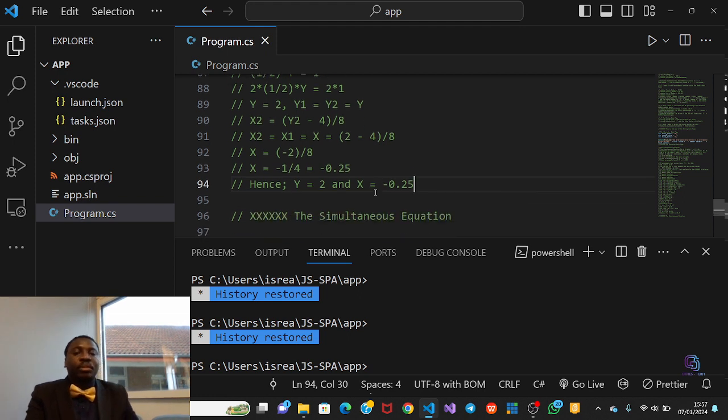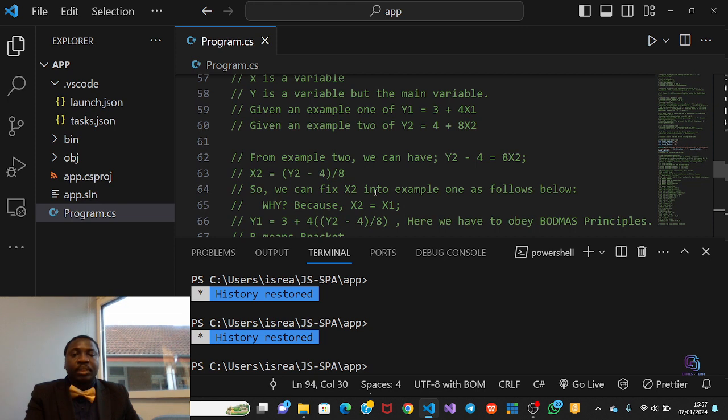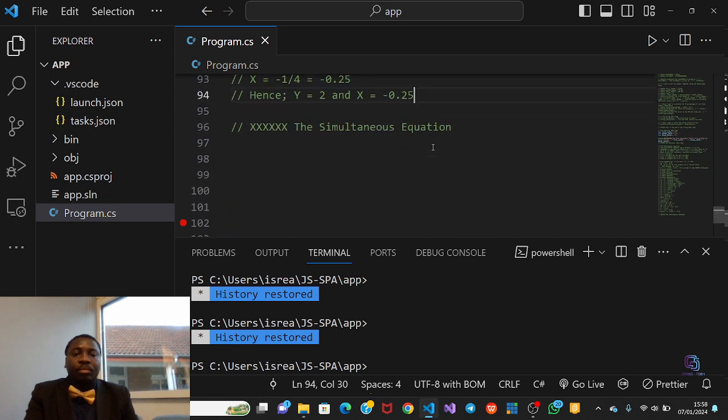So once that is solved, now we can put them into the equation. Saying I want to get y1 when we have 3 plus 4x1. I want to get y2 when we have 4 plus 8x2. So I want to get y, so I just call it y.